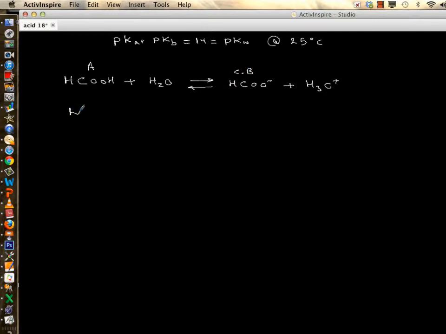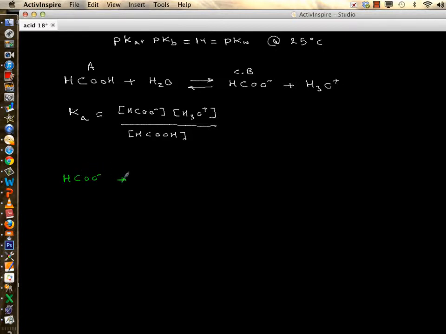If we write equilibrium expression for this, we write it K expression subscript A for acid. And its products divided by the only reactant whose concentration changes, not H2O, HCOOH. Now let's see what happens to our salt hydrolysis. I said if you have a salt that has HCOO minus, that is going to react with H2O in this fashion.